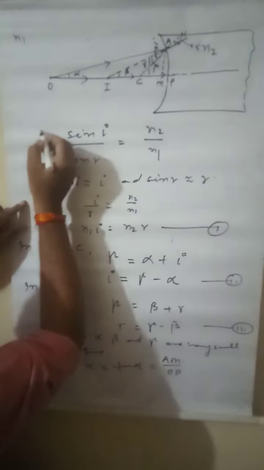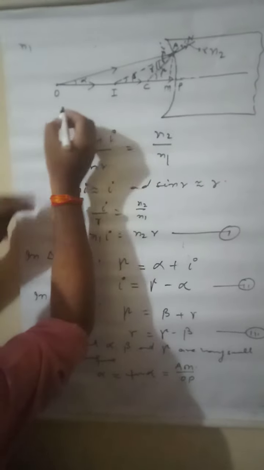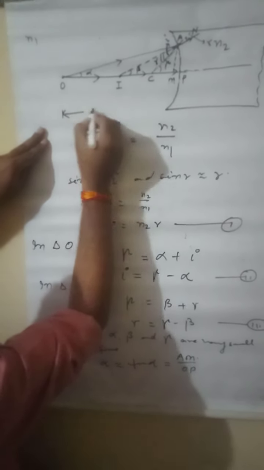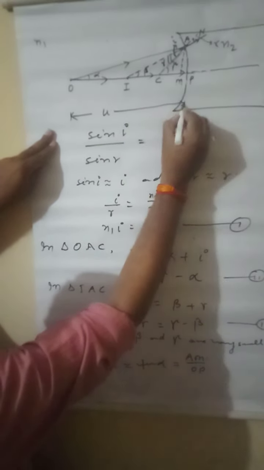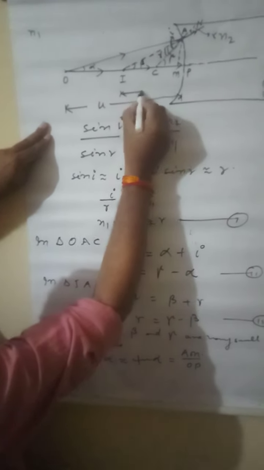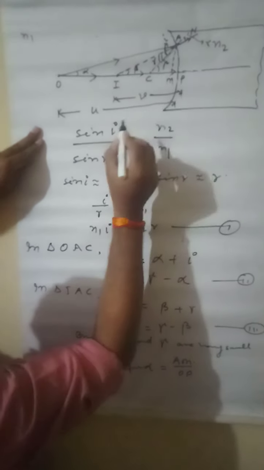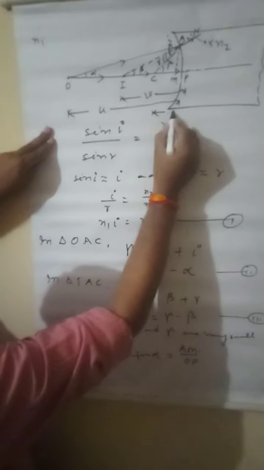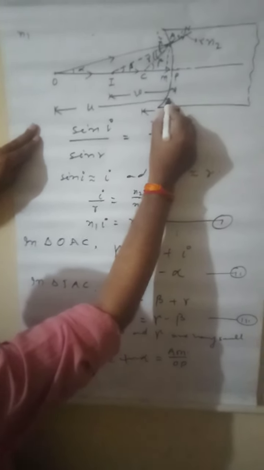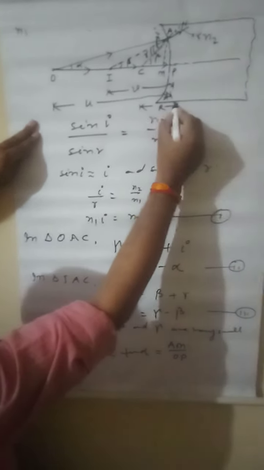In the previous derivation, we already know about u, the object distance, v, the image distance, and R, the radius of curvature.